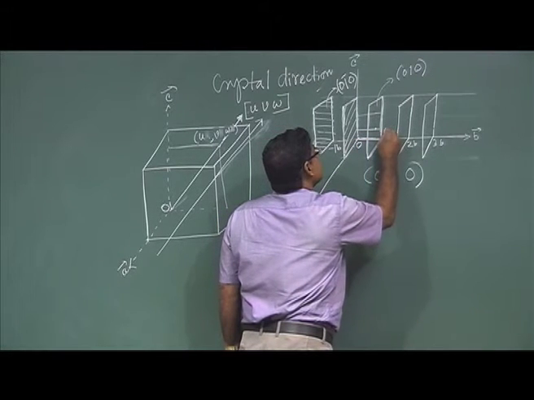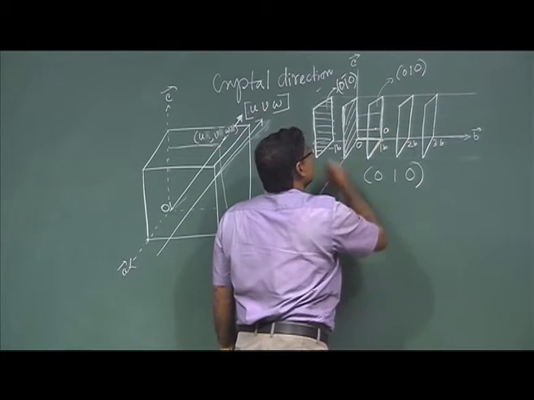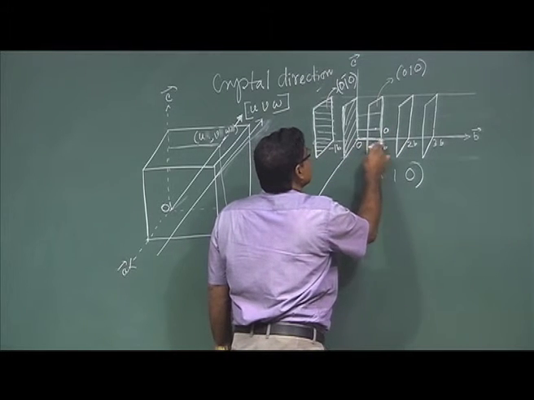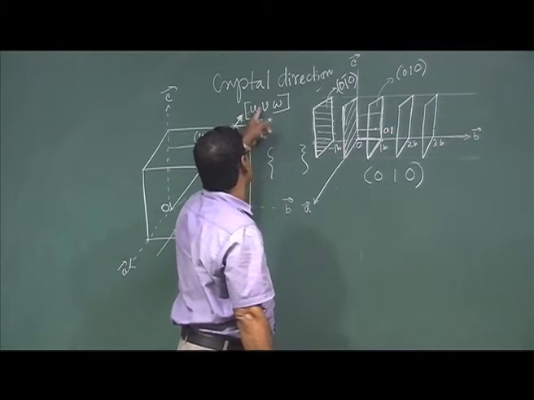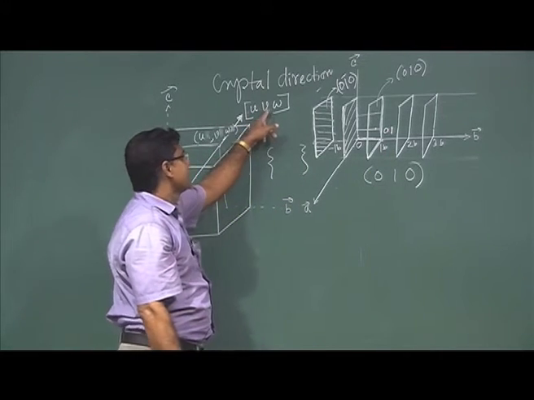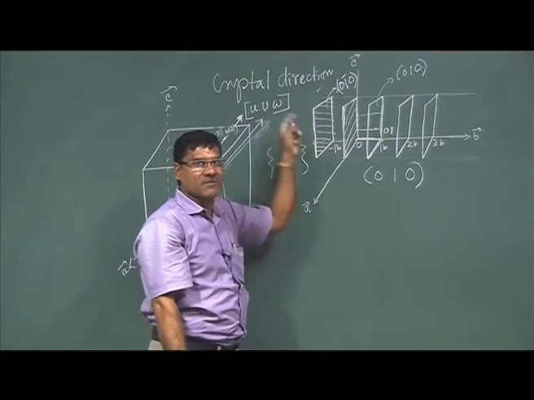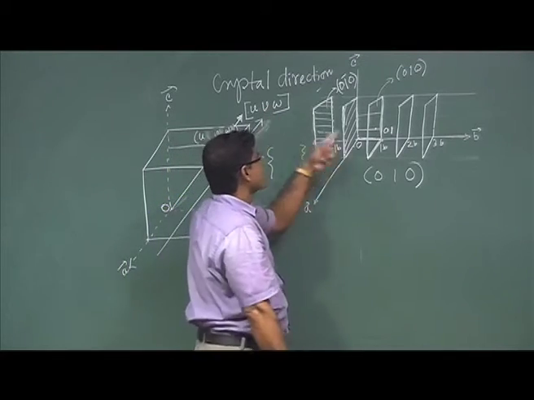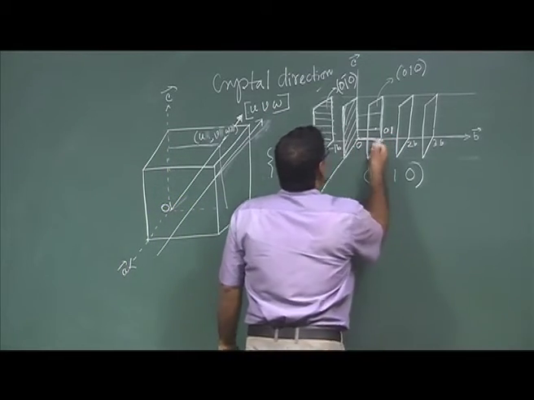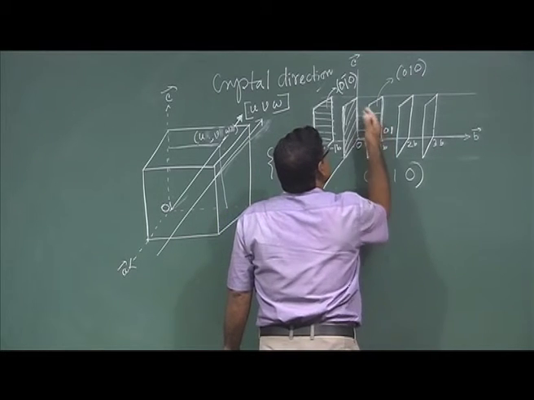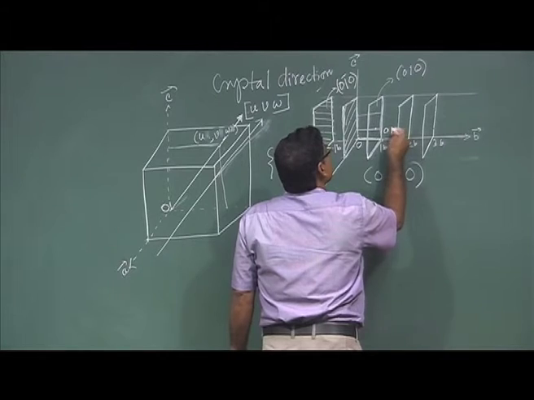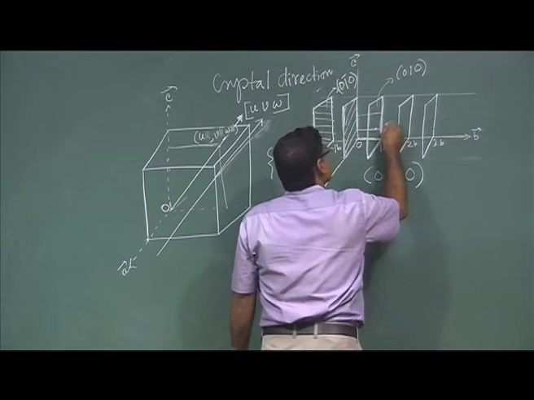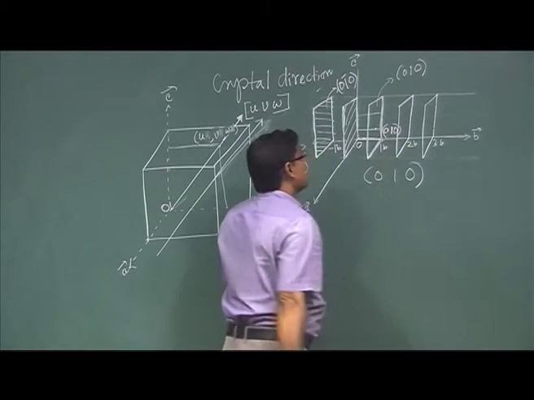So, u value is 0, v value is 1. As I told, we write this v times b, but we write in terms of b unit. So, that is 1, and along the c it is 0, right. So, w value is 0. Okay.